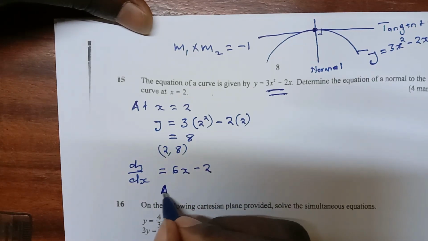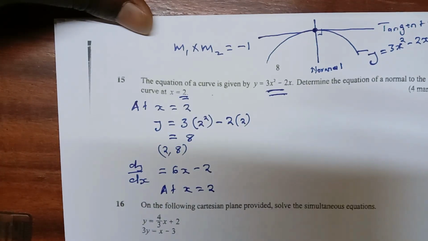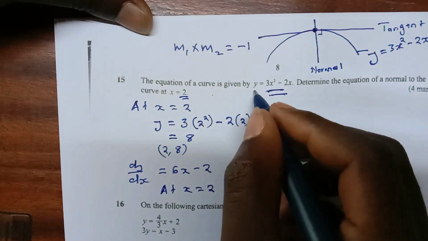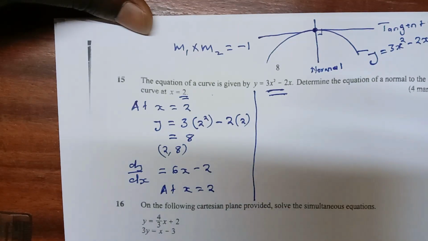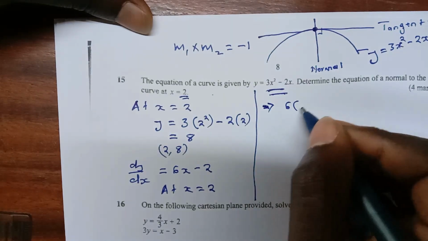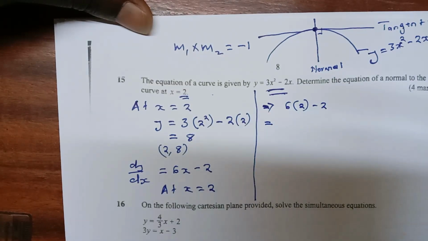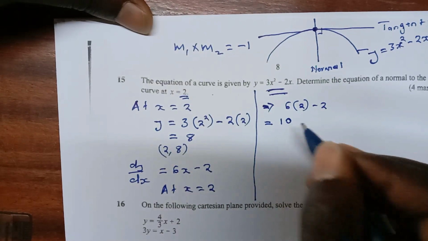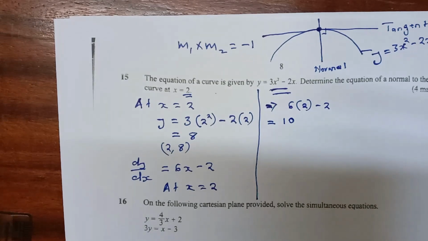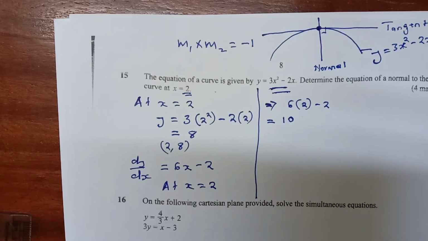So at x equals 2, the value of the gradient is 6 times 2 minus 2, and this gives us 10. So the gradient of this curve at the point x equals 2 is 10.